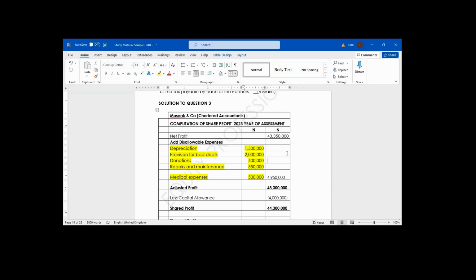We now less capital allowance. The balance remaining is the shared profit, the profit that will be shared among the partners.